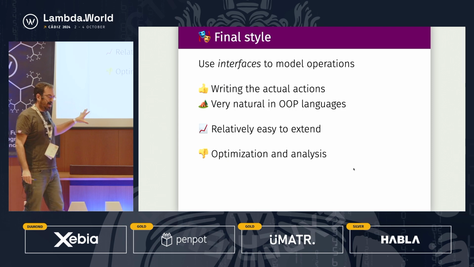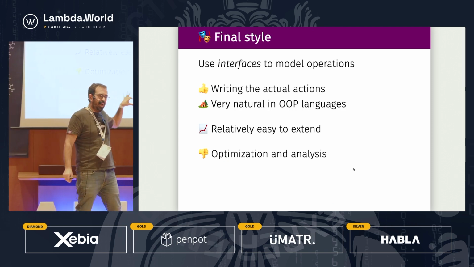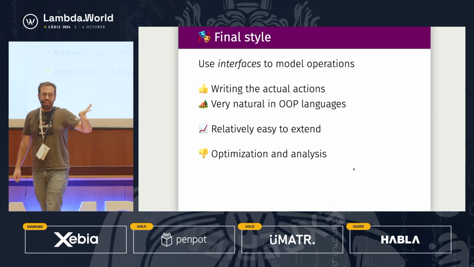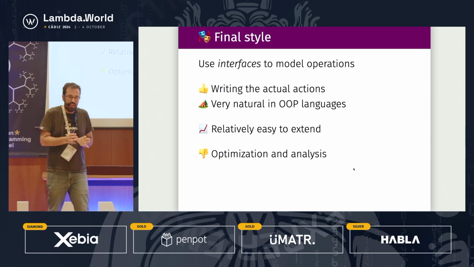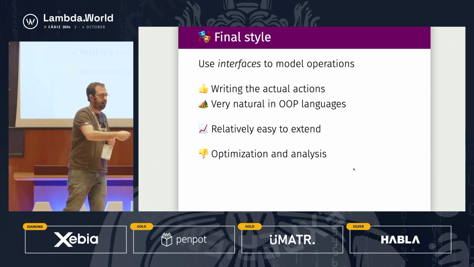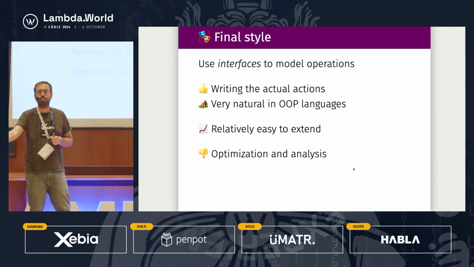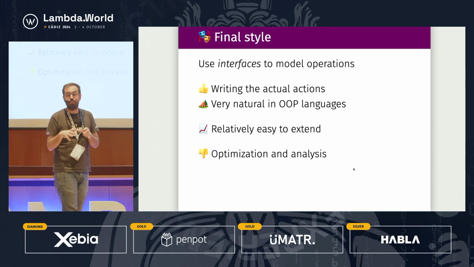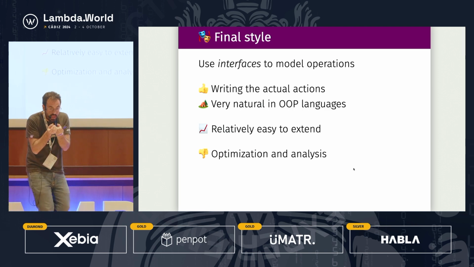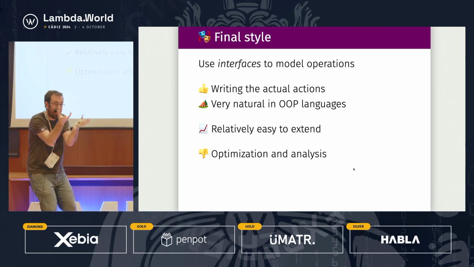But the bad thing is, okay, it was easy to execute this, but this thing is really hard to inspect in some way. You can execute this, but you're essentially giving out control to the program, which then eventually will call your primitives. But if you want to analyze or optimize things, you don't want this. You want to be able to look at the program and change it, right?